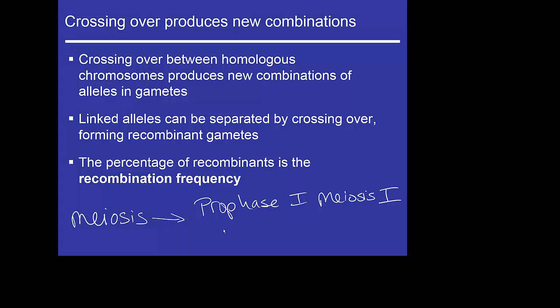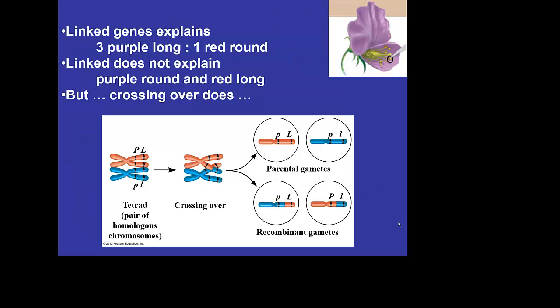And what crossing over means is that we can look at the exchange of genetic material between non-sister chromatids. So this is demonstrating crossing over to you. We've got this pair of replicated chromosomes known as a tetrad.